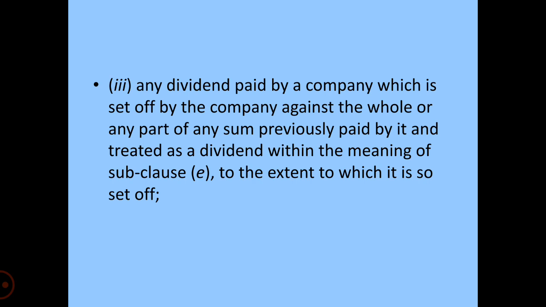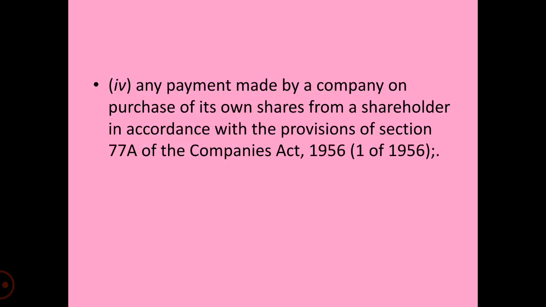Fourth, any payment made by a company on the purchase of its own shares from a shareholder in accordance with the provisions of section 77A of the Companies Act 1956. What this clause 4 states is that in the case of buyback of shares, when the company buys back its share from a shareholder, the shareholder returns the share to the company and the company pays the amount as decided.